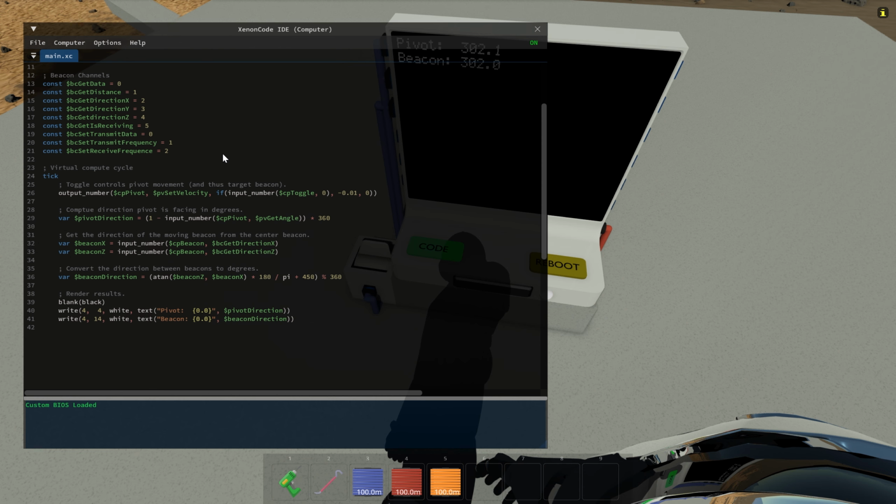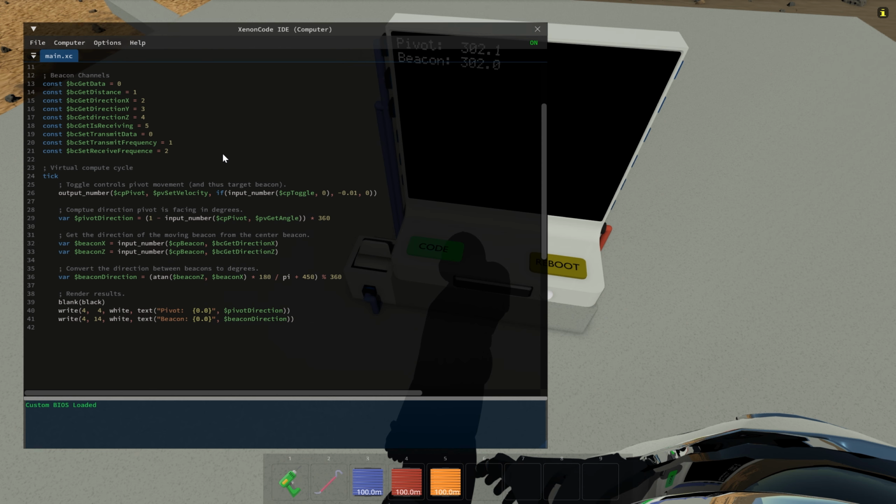I don't actually show that in this video, but that should be straightforward. So we grab the x and z, and as I said before, because this is a three-dimensional game, in this case x is left and right, and z is forward and back. If the z is negative, it's ahead of you, and if it's positive, it's behind you.